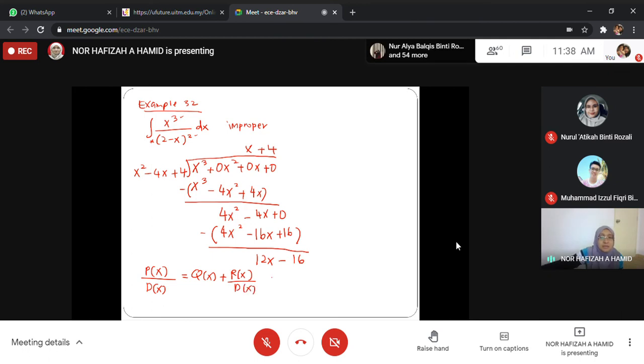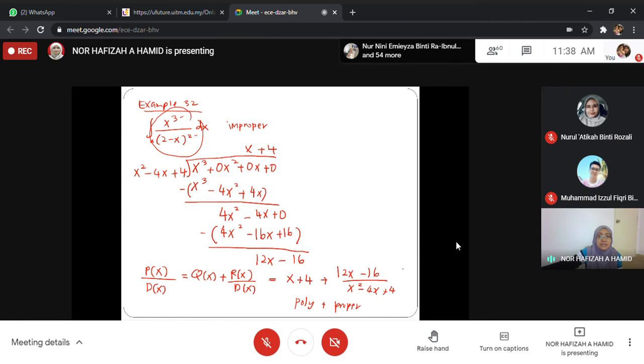So q(x) is x plus 4, plus the remainder 12x minus 16 over d(x), which is x squared minus 4x plus 4. So we have converted the original improper fraction into a polynomial plus a proper fraction.